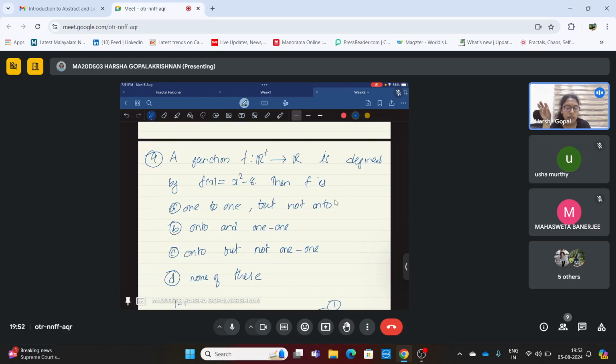That means there should exist some x such that x square minus 8 equal to y for any y in R. So think about, does there exist some element such that it cannot be written in the form of x square minus 8? Any idea? Think about it: x square is going to be positive only, and we are doing some minus 8 also. So what will be the possible range? Just think like that.